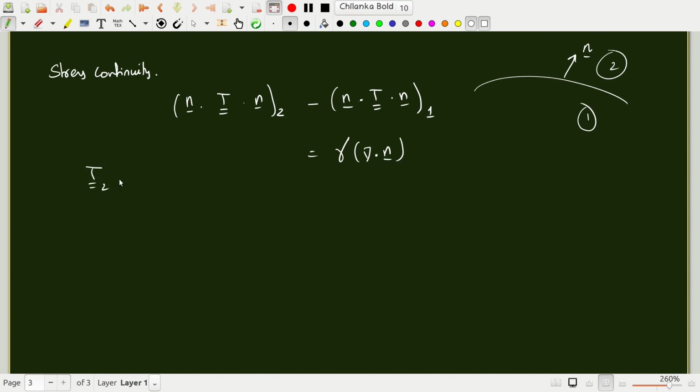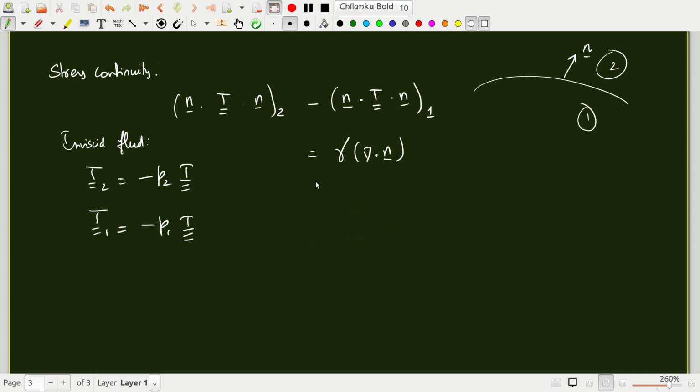But note that in an inviscid fluid, T2 is minus P2 I and T1 is minus P1 I, where I is the identity tensor. Therefore, when I substitute this, all I will get is P1 prime, sorry, now this is the total stress.